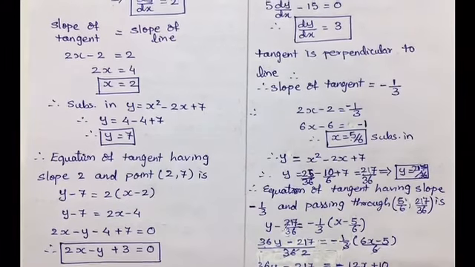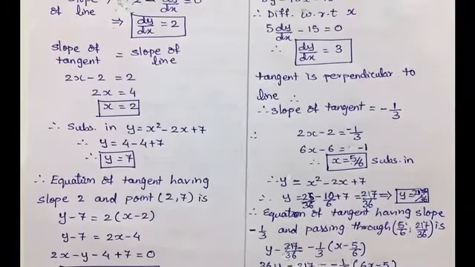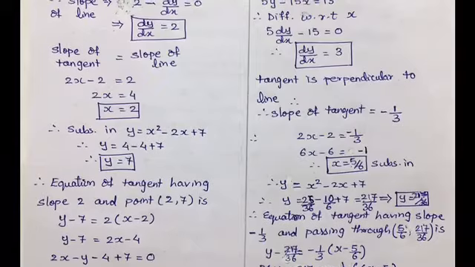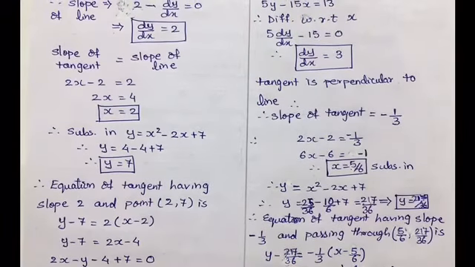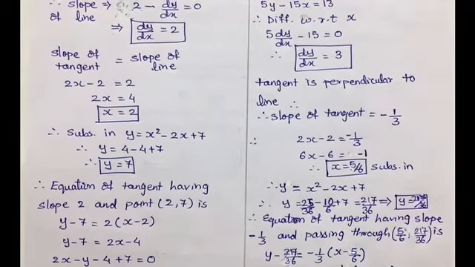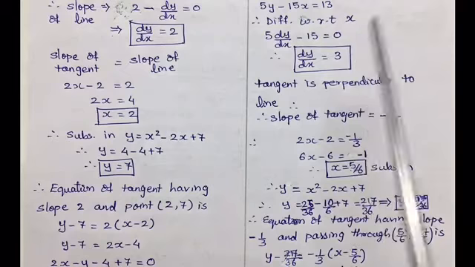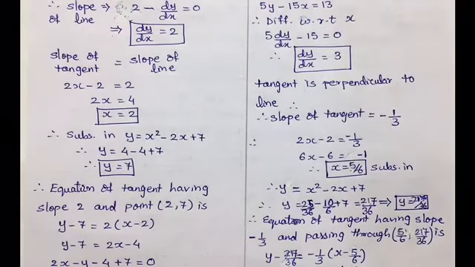Now taking up the second condition. The second condition is the tangent is perpendicular to the line. The line given here is 5y minus 15x equal to 13, which is the line to which the tangent is perpendicular.